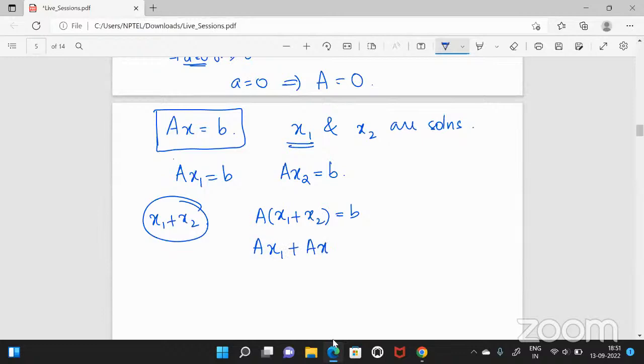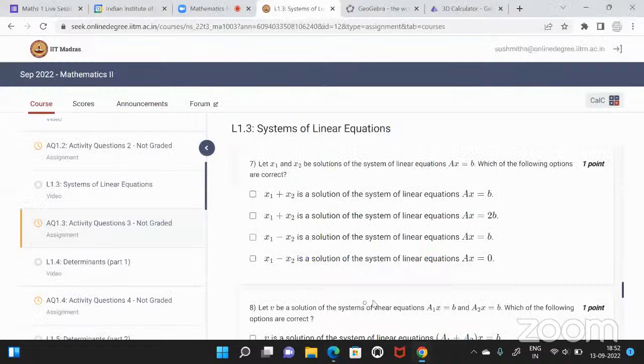Ax1 plus Ax2, right? But we already know Ax1 is B and Ax2 is B. So this is equal to 2B. So this is not true, right? It will be true if B is equal to 0, but in general it is not true. Is it given B is equal to 0? No. So in general it is not true.